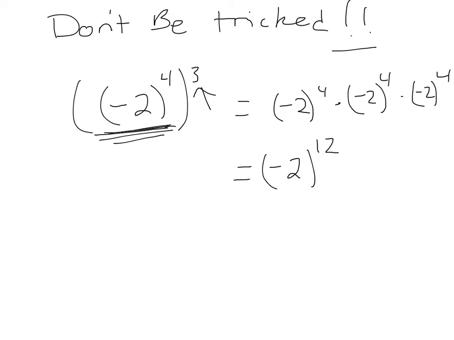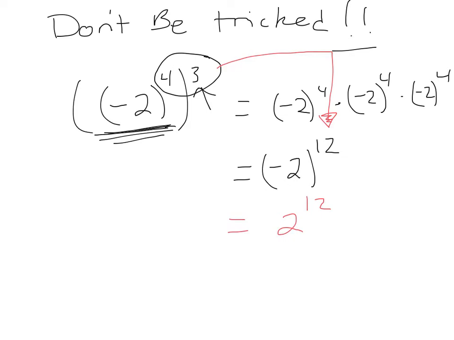And by golly, we can actually have a shortcut here. If you have a power to a power, you can multiply the exponents. So that's what we did. Know that your answer will be positive. Why?